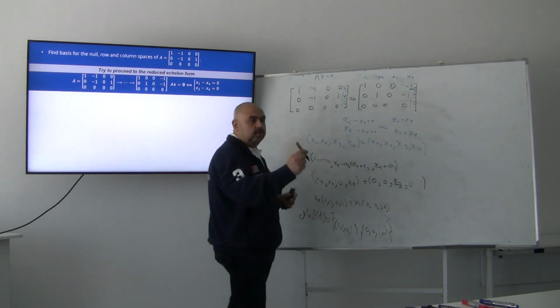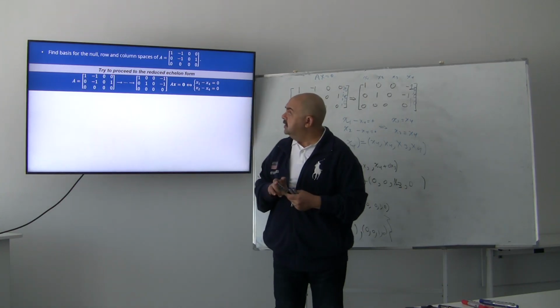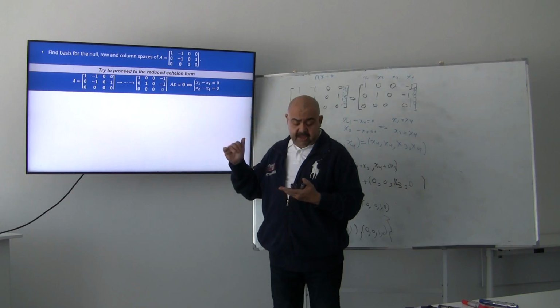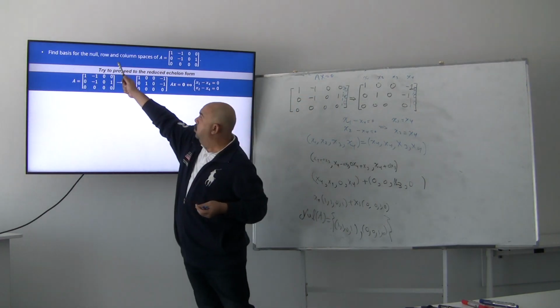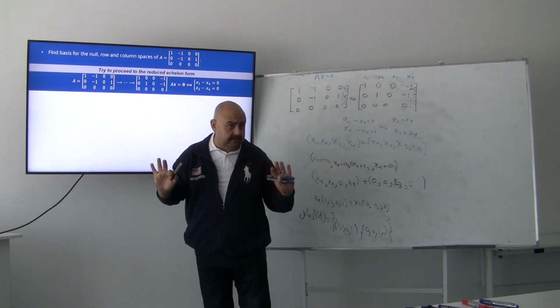These are the two vectors that represent the null space basis of A. If I want to get the space of the rows and the space of the columns, it's very simple.